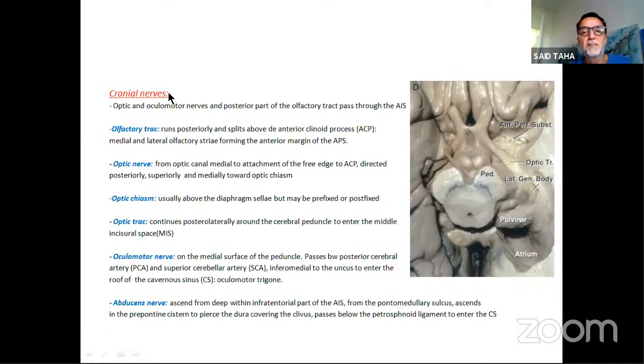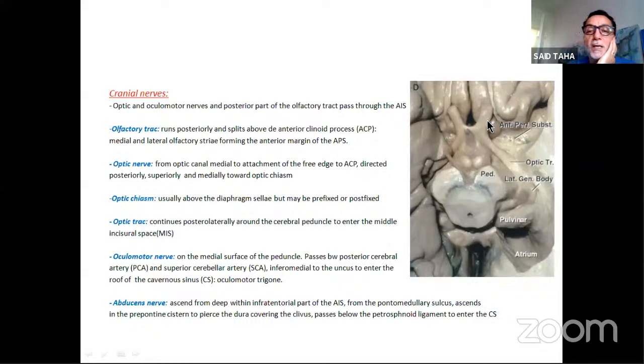The cranial nerves: the olfactory tract runs posteriorly and splits into medial and lateral striae that form the margin of the anterior perforating substance.